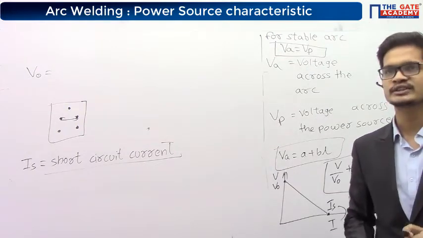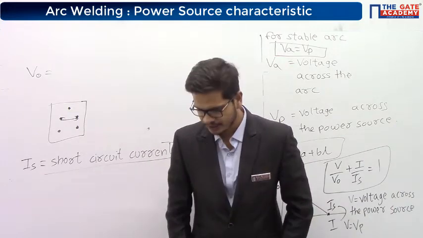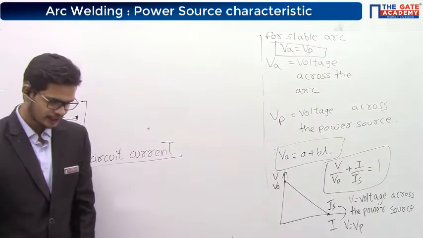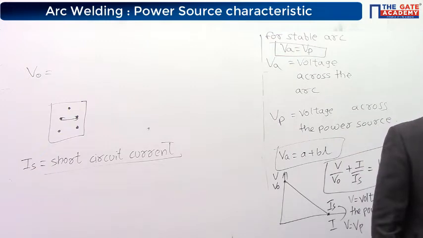Write down IS. What is IS? IS is the short circuit current.